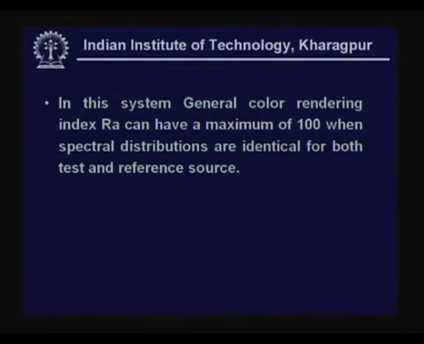When the spectral distributions are identical for both test and reference sources. Ra is allowed to have a maximum when the spectral distribution is identical, that is, for the various test colors the appearance is the same under the reference condition as well as the test lamp condition.